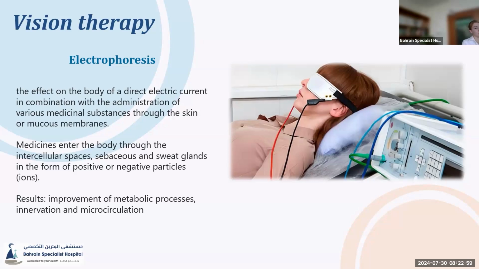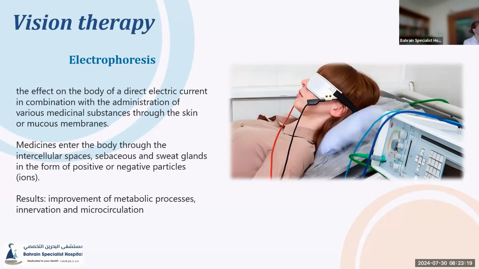Medicines enter the body through the intercellular spaces and sweat glands, in the form of positive and negative particles because of the electrophoresis reaction, and are deposited in the periorbital tissue. The result is improvement of metabolic processes, innervation, and microcirculation.